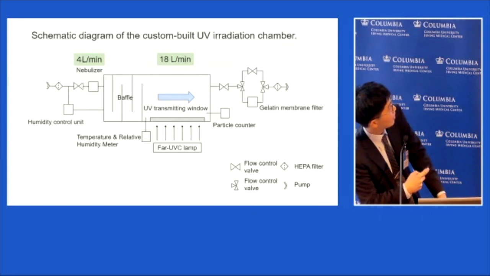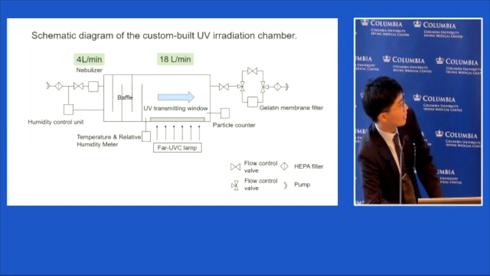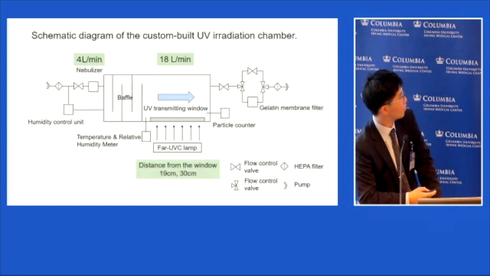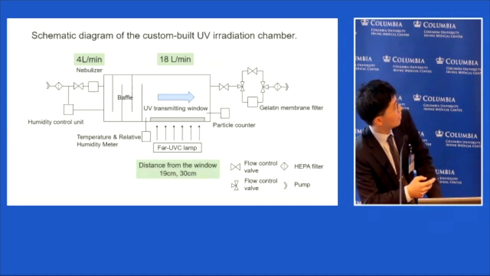In this area, the particles are disinfected by the Far-UVC, and we use a gelatin filter for sampling. We investigated two positions of the Far-UVC lamp, 90 centimeters and 30 centimeters away from the window.